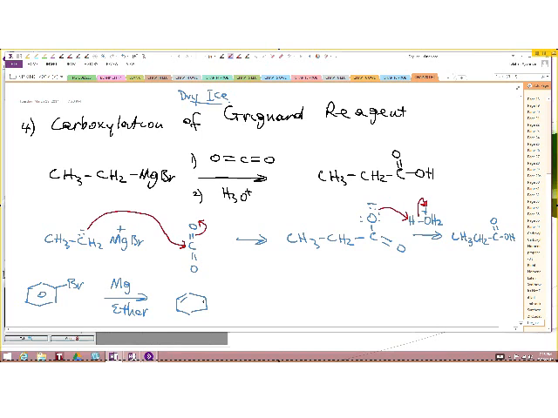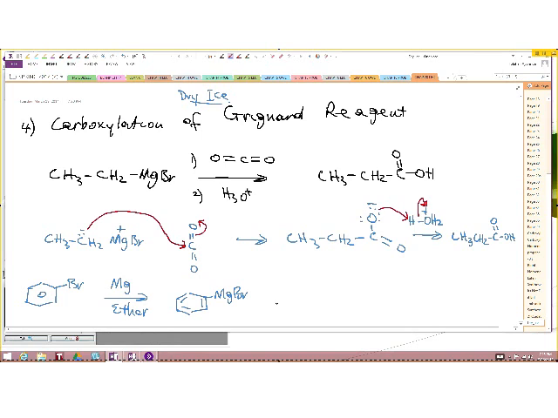Once you finish making your Grignard, which is this here, then you're going to add, I believe you guys are probably going to use either a ketone or an ester. Let me see, I don't know whether it's either ketone or ester.